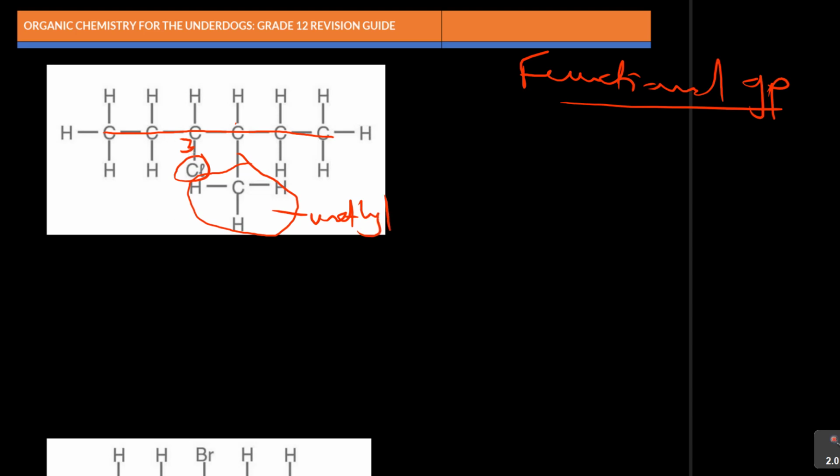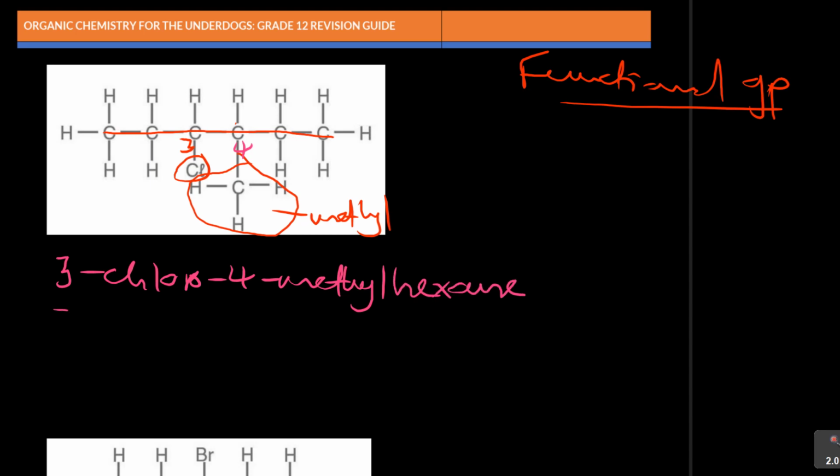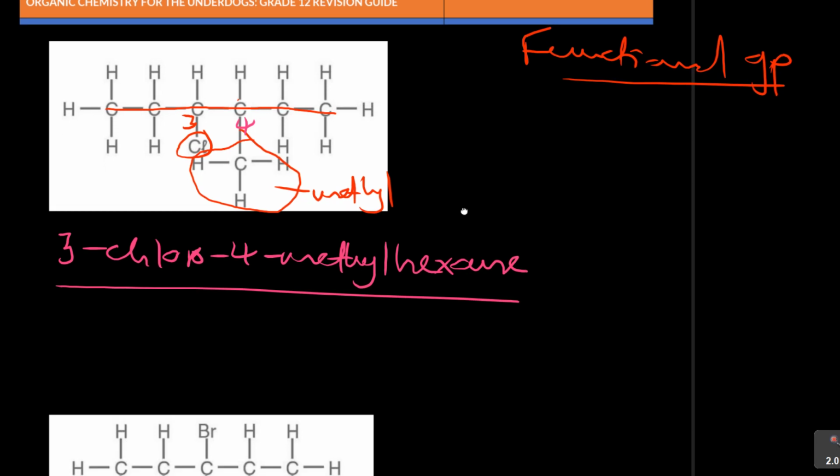In alphabetical order, it's 3-chloro hyphen, and then it's carbon number 4 there. It's 4-methyl, and then how many carbons? 1, 2, 3, 4, 5, 6 in the parent chain, and it's hexane. See that? That's how you name that.